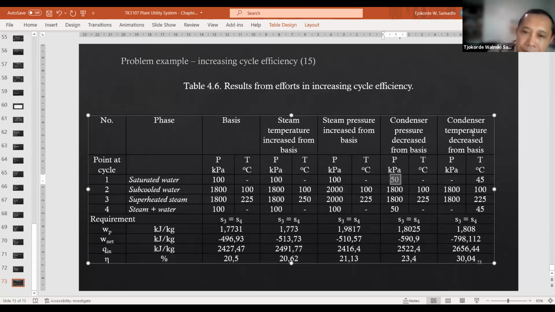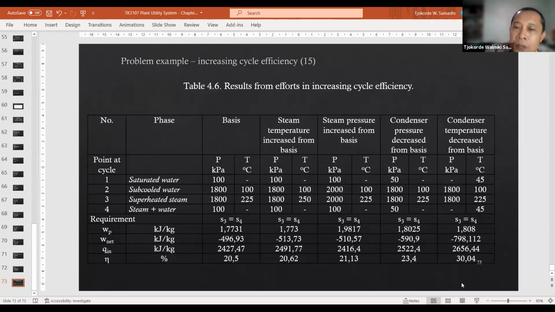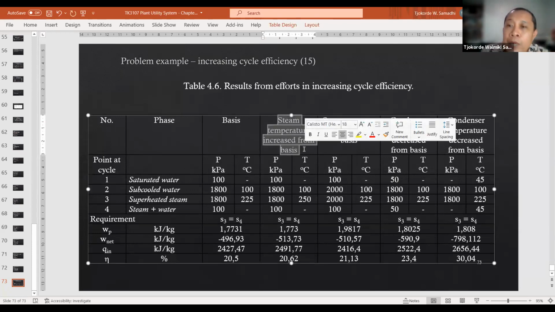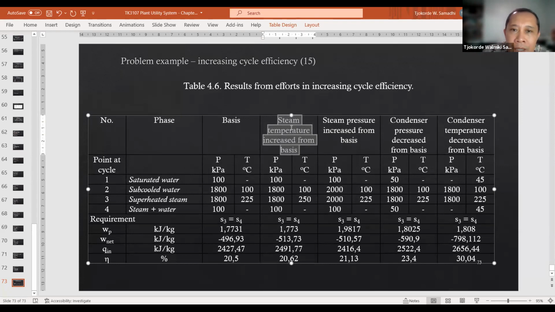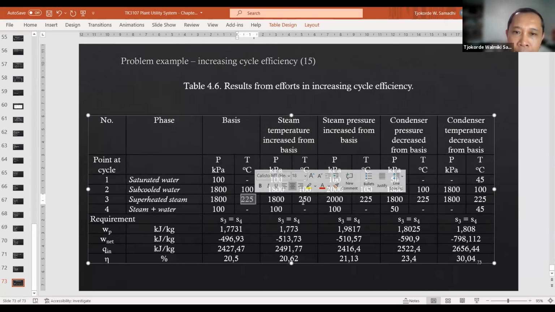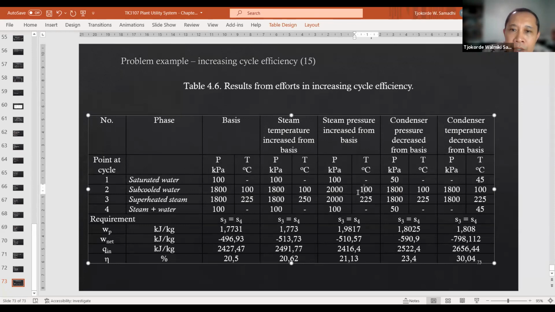Now imagine that you do this calculation using a range of numbers. If you notice, what we do here is just 1-point calculations. So we change the steam temperature from 225 to 250. So that's just one number, one step change. Here also in the steam pressure, we change from 1800 to 2000.